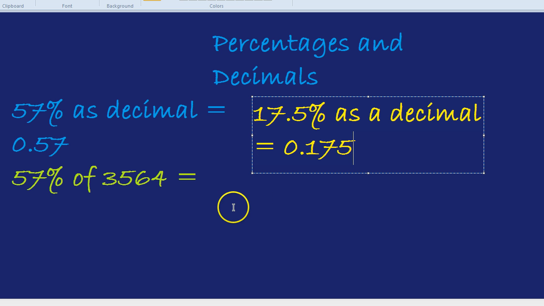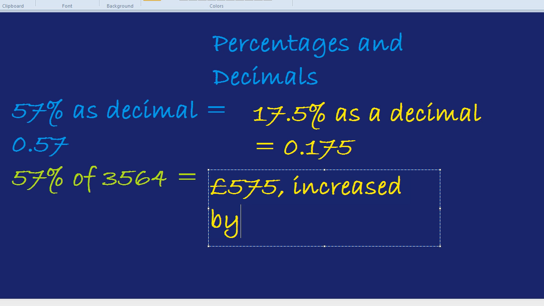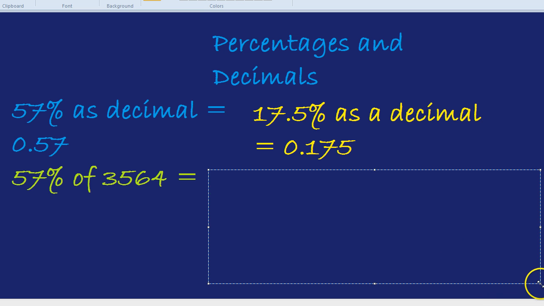Let's do a final hard one just to show you that they're not always between 0 and 1. Say profits were £575 and then they increased by 300%. Now I remember reading that when I was younger and I used to think, how can anything increase by 300% when the maximum is 100%?